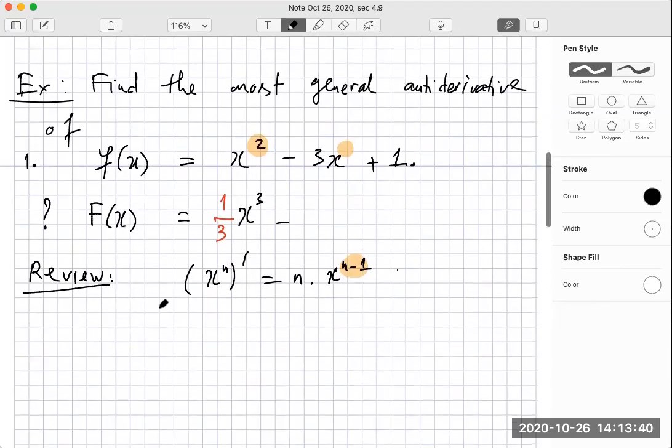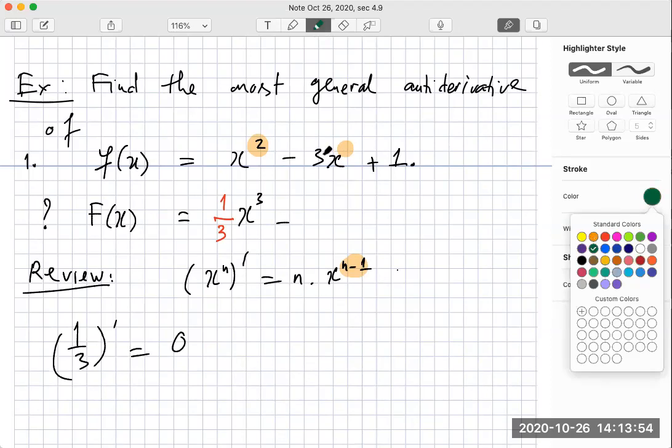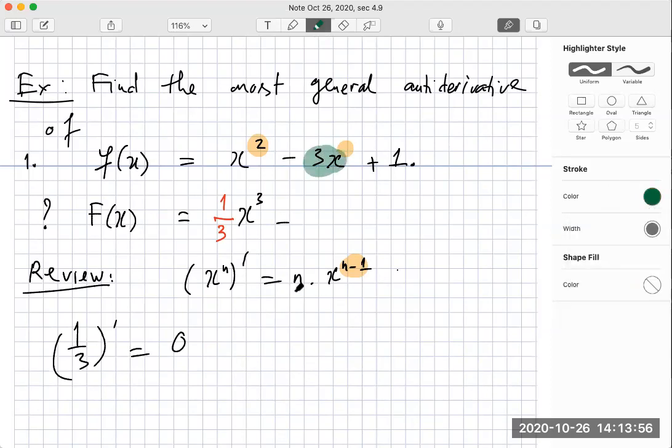No, because you see, if you take the derivative, it gives us 0 for the second term. Let us try one third x. The derivative gives us one third. It's not enough, right?